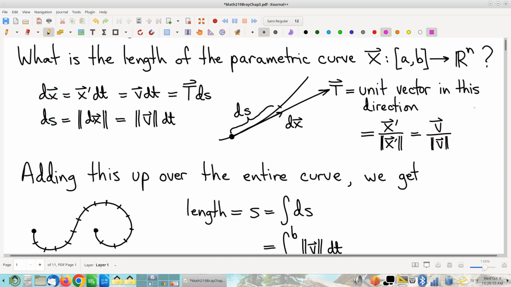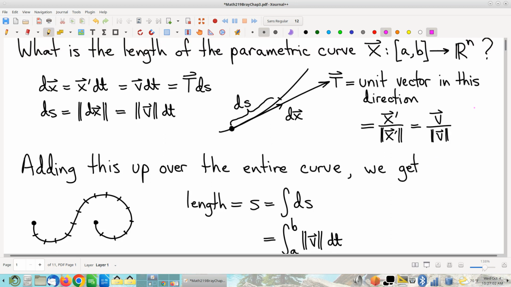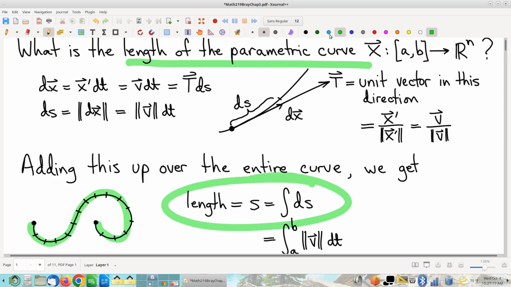Alrighty, so that's really the most important part of this section. But let's go ahead and answer the question that we came here for, namely how to compute the length of a parametric curve. If you have a parametric curve like this, then the total length is the sum of all of these little bitty pieces of length that you might chop it up into.